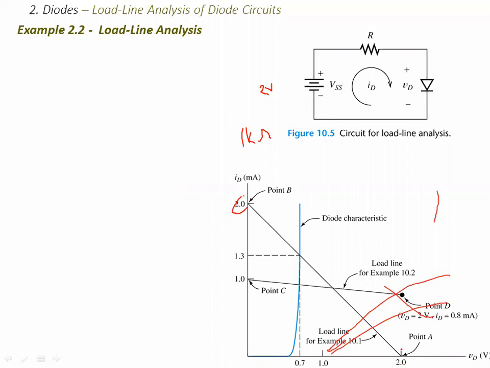And the maximum voltage across the diode, where I becomes equal to 0, will be 2 volts. And then at any other point, depending on the value of R, you can get different values of our characteristics.